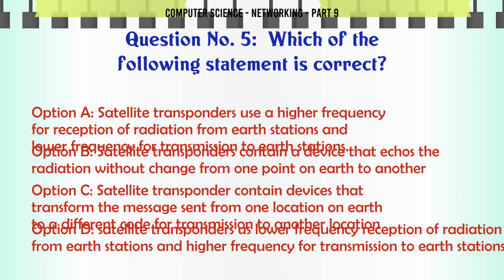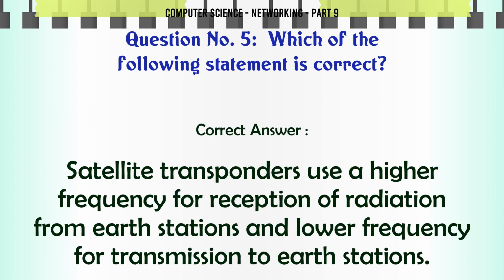D. Satellite transponders use lower frequency reception of radiation from Earth stations and higher frequency for transmission to Earth stations. The correct answer is satellite transponders use a higher frequency for reception of radiation from Earth stations and lower frequency for transmission to Earth stations.